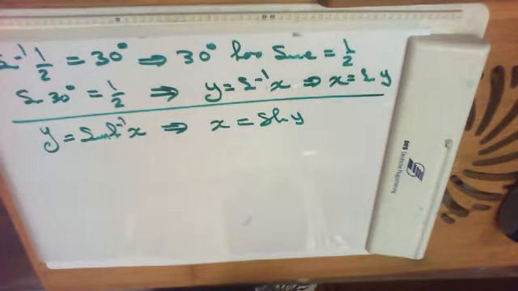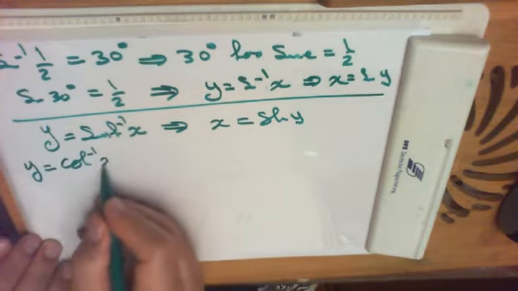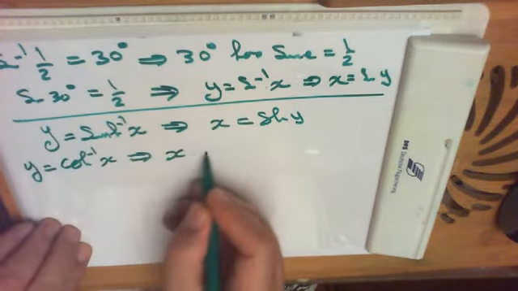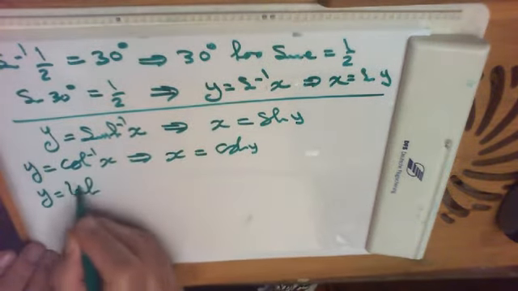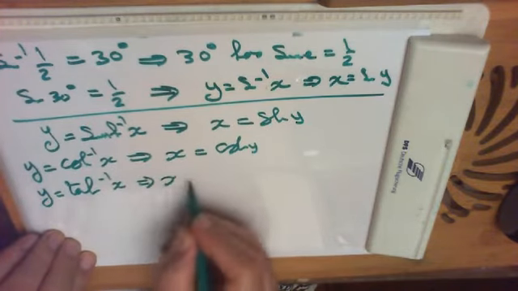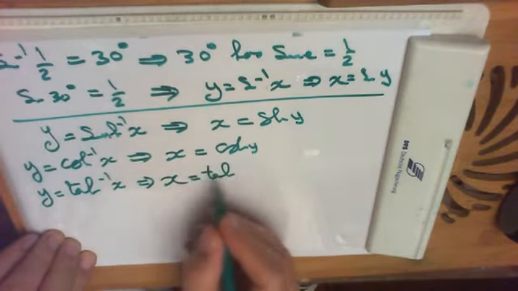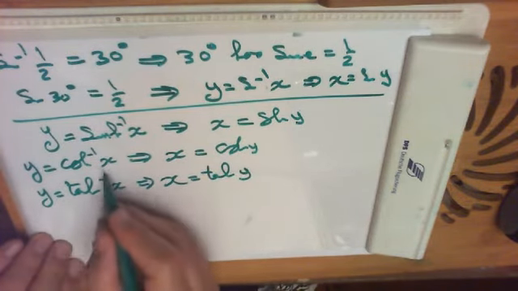Similarly, when we say y equals cosine minus 1 of x, this means x equals cosine y. Y equals tan minus 1 of x means that x equals tan y. These are not angles. X and y are quantities.